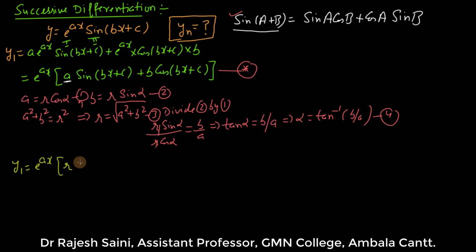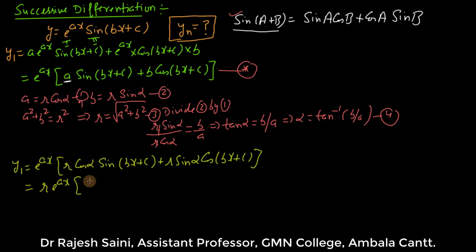It will be r cos alpha sine bx plus c plus r sine alpha cos bx plus c, which is equal to r e raised to the power ax times cos alpha sine bx plus c plus sine alpha cos bx plus c, which is nothing but equal to r e raised to the power x.